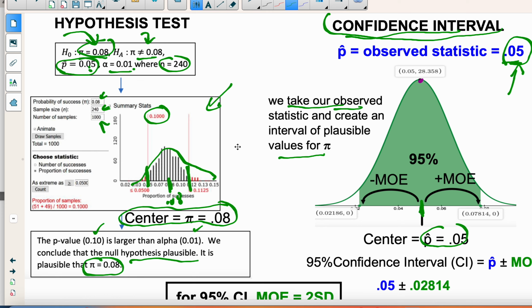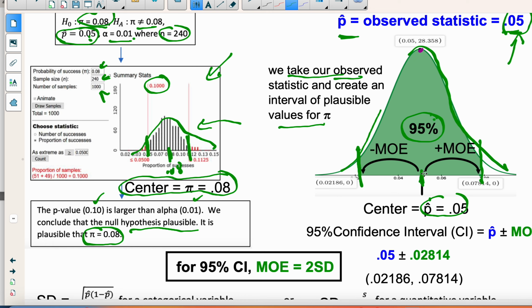Instead of creating a null distribution, I'm creating a distribution around p-hat. So p-hat's in the center, and then I create these two standard deviations. I say, okay, if I want to know with 95% confidence, I can create this distribution.